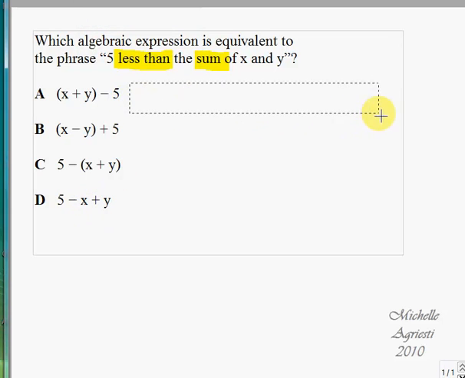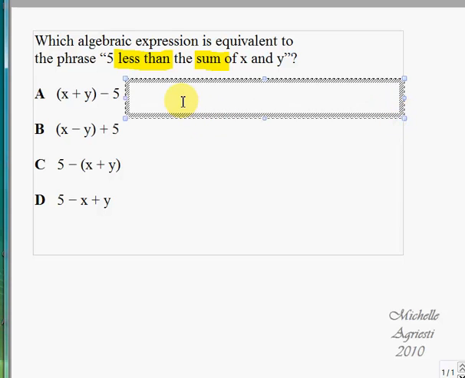What I'd like to do is just go through each one of our choices and write our own description. So on this first one, we have the sum of x and y, because sum means add. Then we have subtracted 5. So the sum of x and y minus 5.